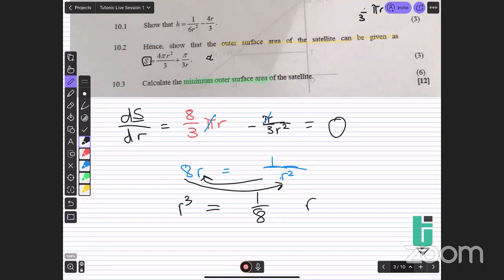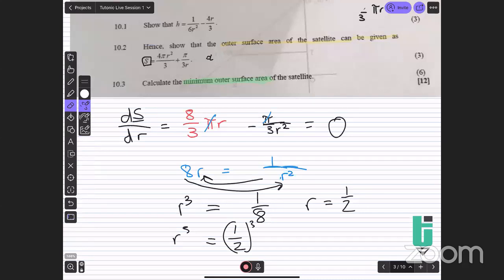So therefore r equals a half, because the 8 is just a half cubed, right? So r cubed is going to be, r is going to be half.